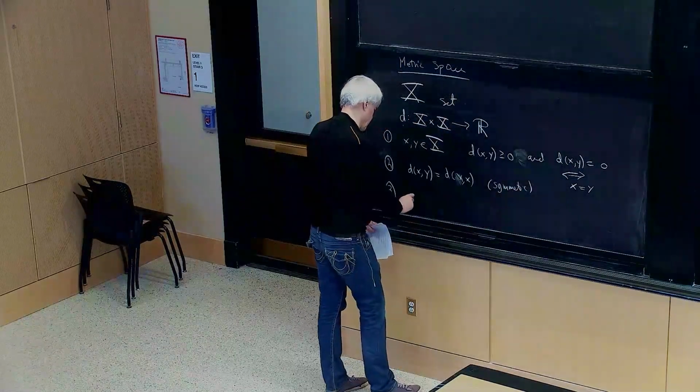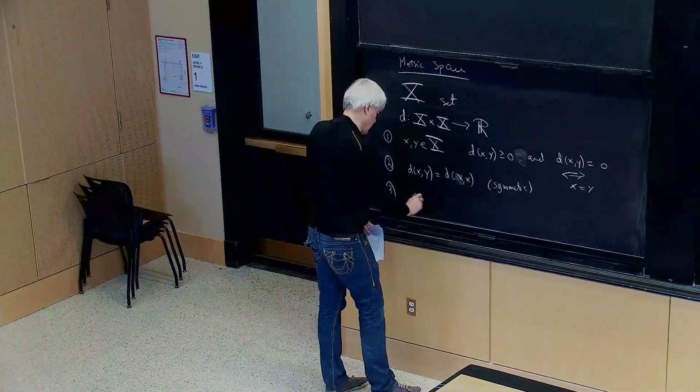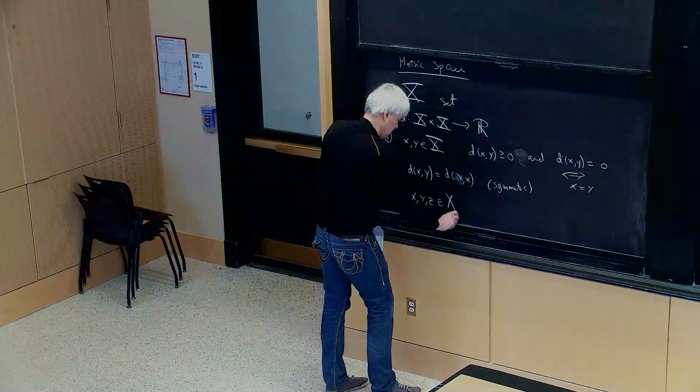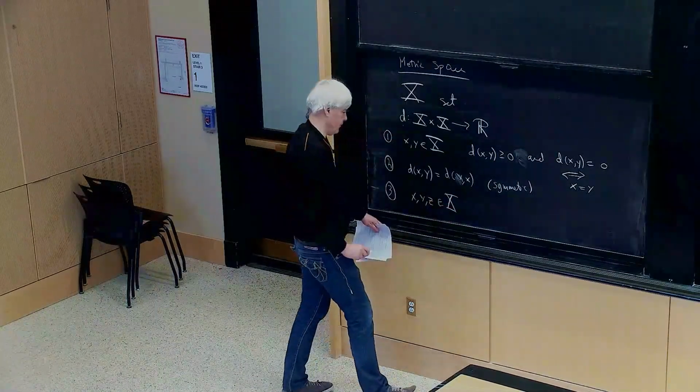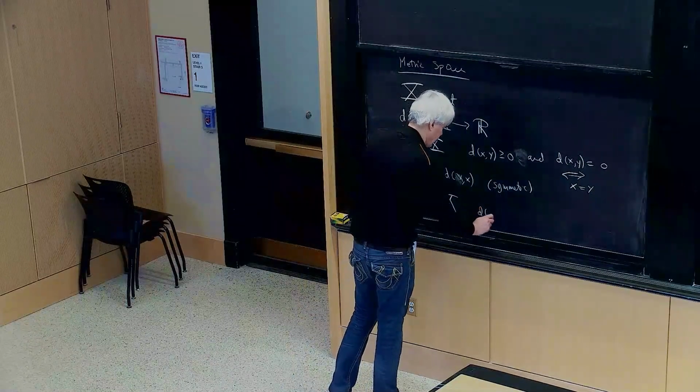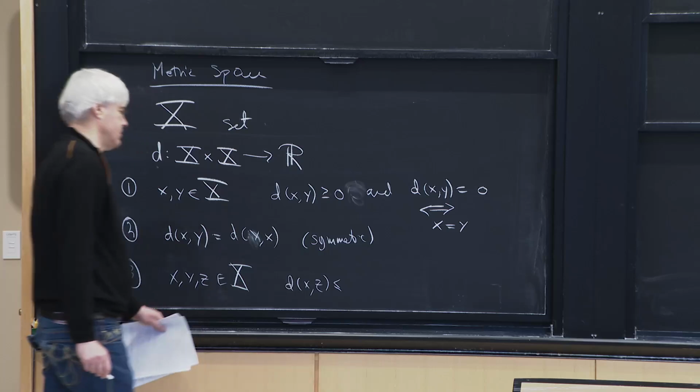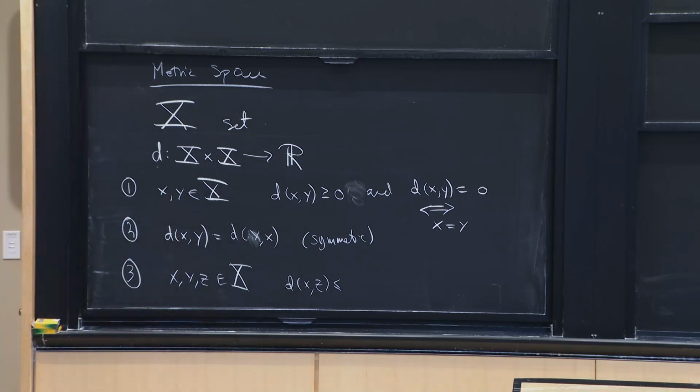And the third property is that if you're looking at x, y, and z, so you have 3 points, and you go from x to z, then it's certainly not further than if you first go from x to y and then go from y to z, right?